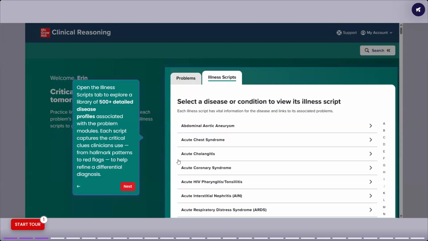So for every problem, we have a number of illness scripts. And these illness scripts, again, include the different details on the patterns and the signs and symptoms and the different details associated with them.